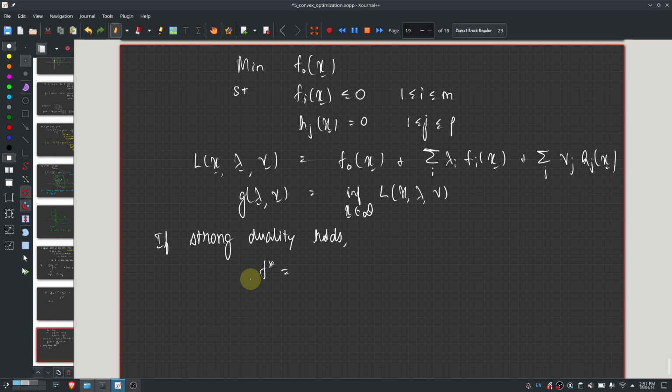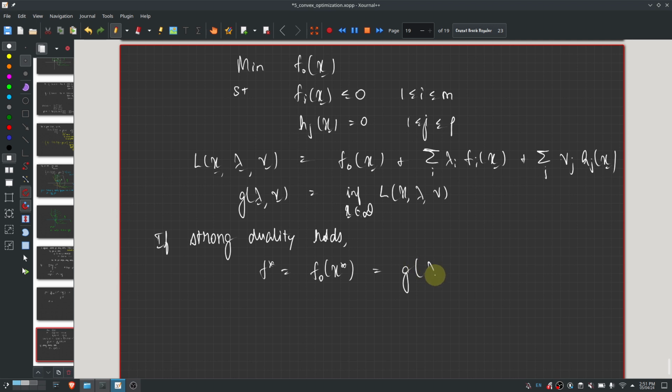Let me call that x star. So this is equal to f naught of x star, where this is the constraint minimizer. So x star satisfies all of the constraints and it achieves the minimum among that entire constraint set. So if this holds, then of course this should be equal to d star, right? But what is d star?